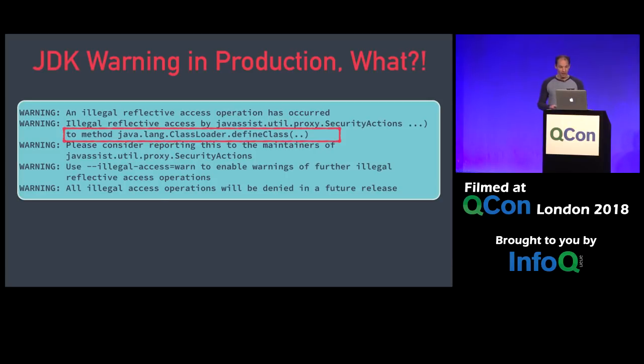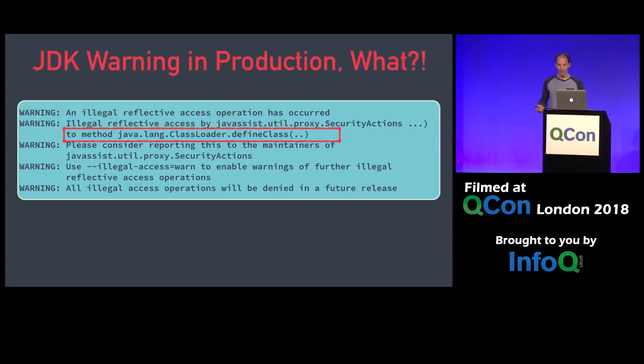So it says, there's an illegal reflective access to java.lang.ClassLoader.defineClass, which is apparently a method on the class loader class. And it turns out that the Java Assist library that Spring uses internally uses this kind of class loader hacking to do its work.